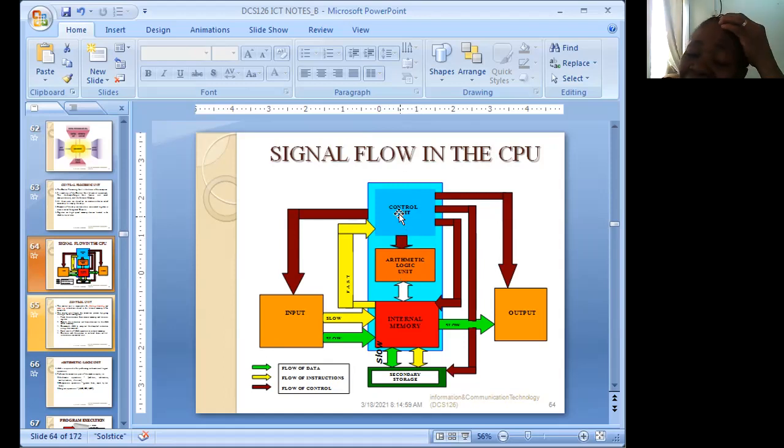Now this is indicating that the control unit, as we said earlier in the previous slide, controls every operation that takes place in the CPU, and of course the computer, because the operations of the CPU control everything else in the computer. So you can see the control flow.